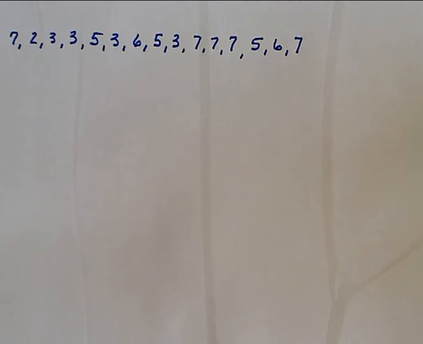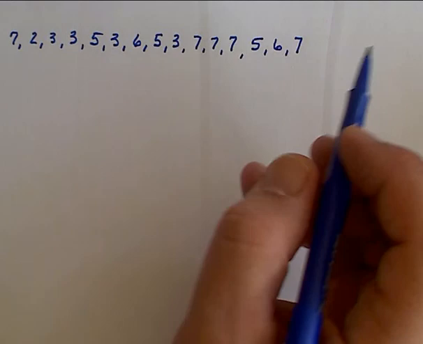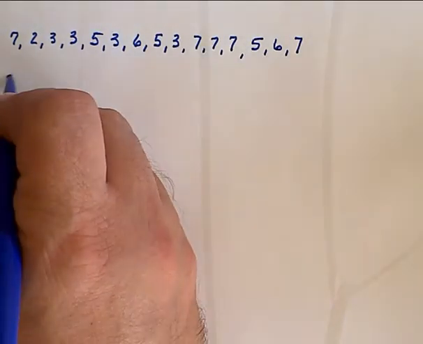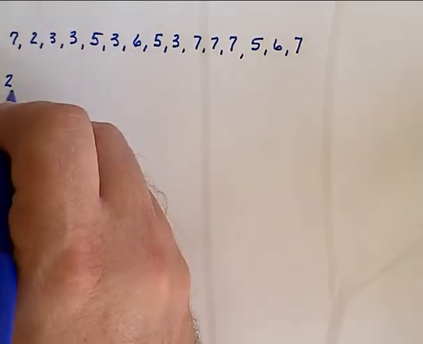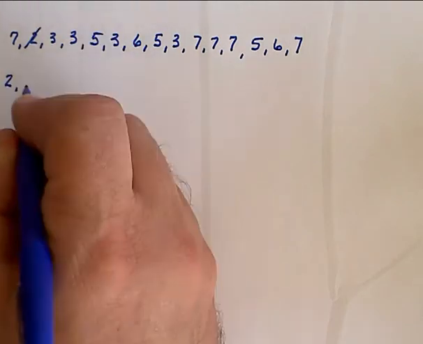Now, the first thing I'm going to do, you don't have to do it in this order, but I'm going to go ahead and put them in order. So there's a 2, and just kind of cross them out as I go here.